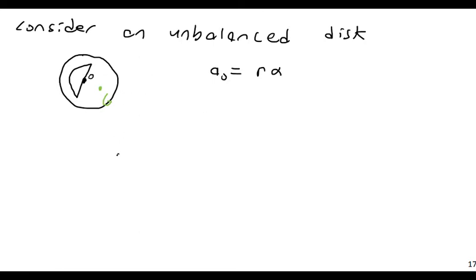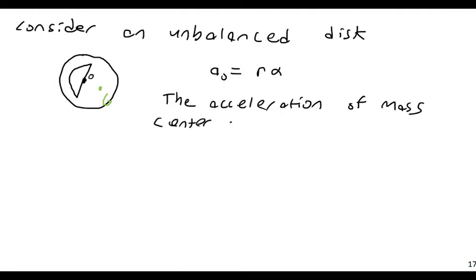However, the acceleration of the mass center G, AG vector, is equal to AO plus the acceleration of G with respect to O.